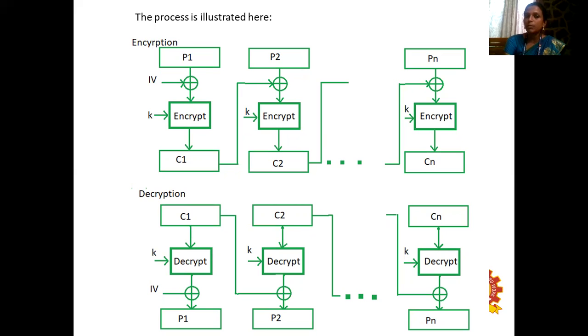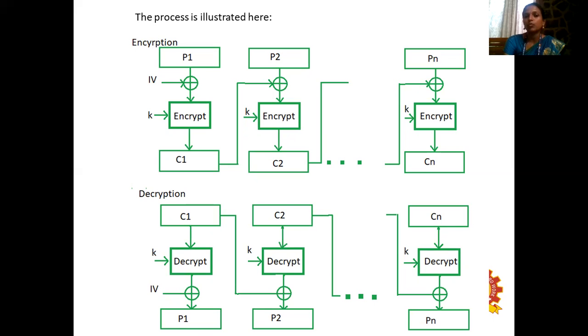Only for the first plain text do we take the initialization vector, whose values are chosen randomly. For the next XOR, we take the output of the first block, C1, as one input, and the other input is P2. It goes on up to Pn. This is what happens in encryption.